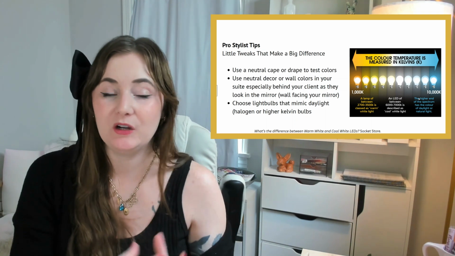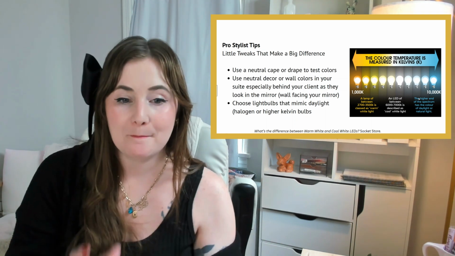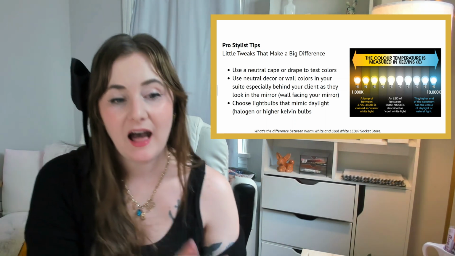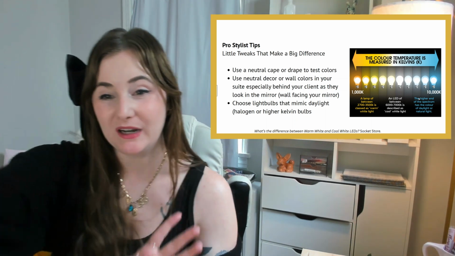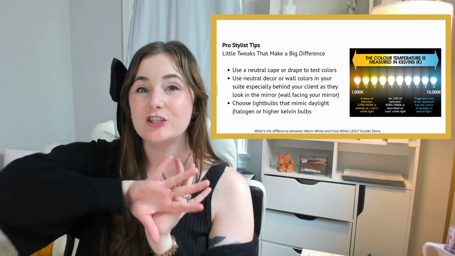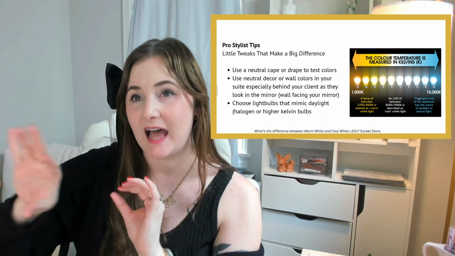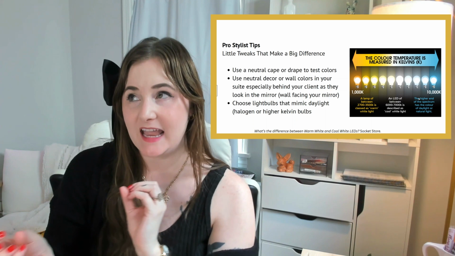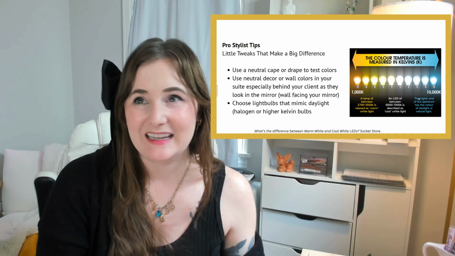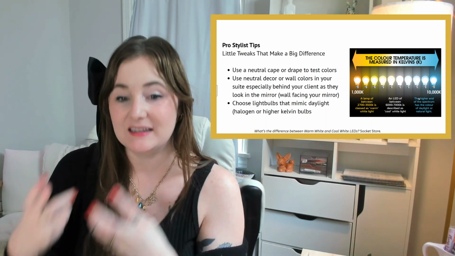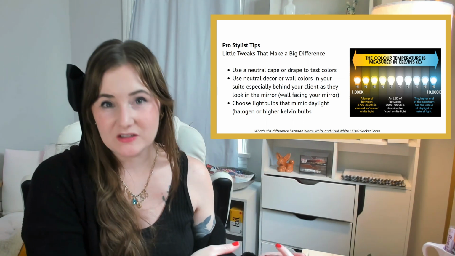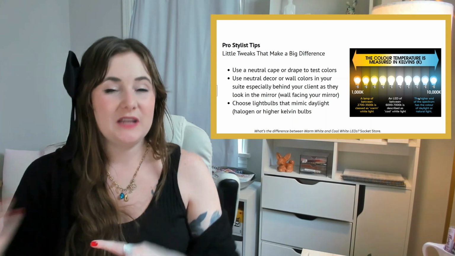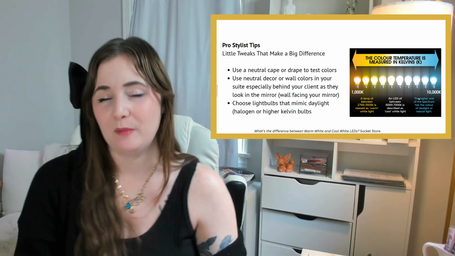And then lastly, we want to choose light bulbs that mimic daylight. This can be halogen or higher Kelvin bulbs. I've put in a little picture here, but there are so many different light bulbs that give off different lights. When you read blogs on interior design, they recommend different lights for different rooms of your house, right? In the kitchen you need this, in your bedroom you need this, in your bathroom.